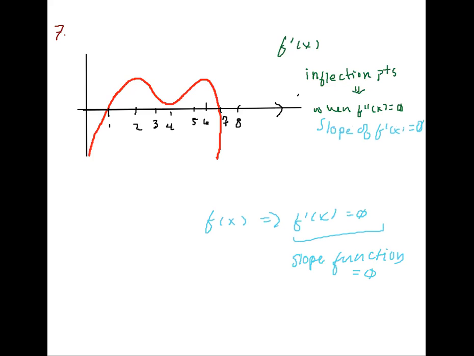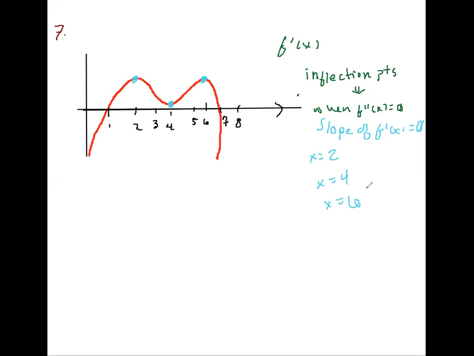That's the point where we're looking for. Where does the slope of the derivative equal 0? Exactly. At our mins and at our maxes. In this case, x is equal to 2, x is equal to 4, x is equal to 6. Awesome.